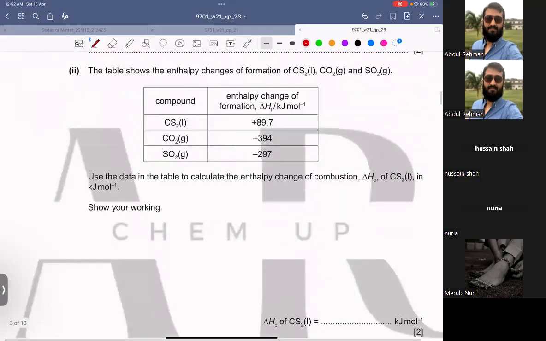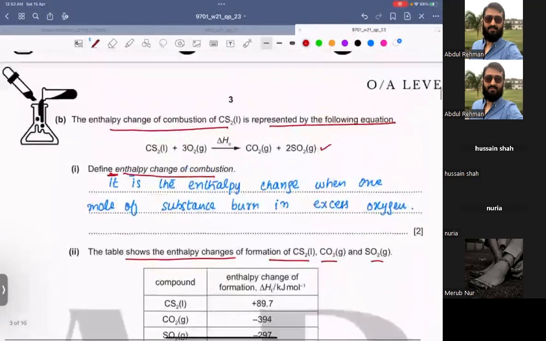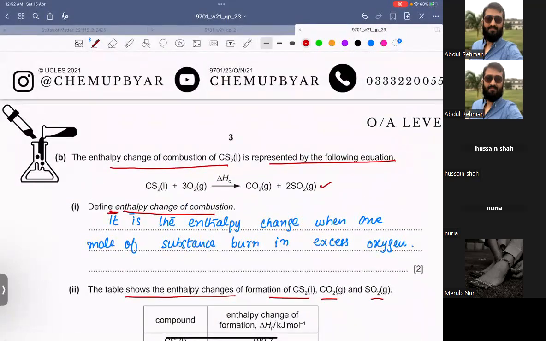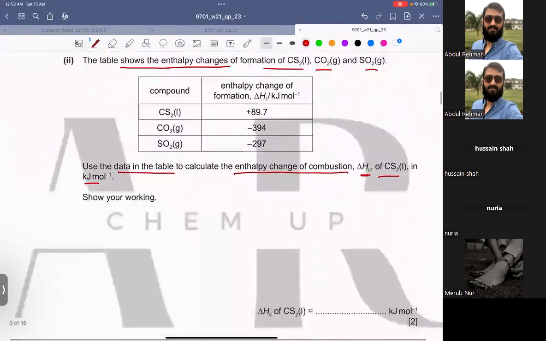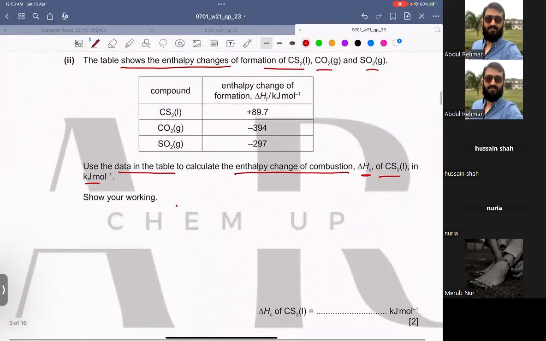The table shows the enthalpy changes of formation of CS2, CO2, and SO2. Use the data in the table to calculate the enthalpy change of combustion of CS2 in kilojoules per mole. Here I have an equation for the enthalpy change of combustion of CS2, and I have to figure out its enthalpy change. So first write the equation. CS2 plus O2 forming carbon dioxide, CO2, and SO2.